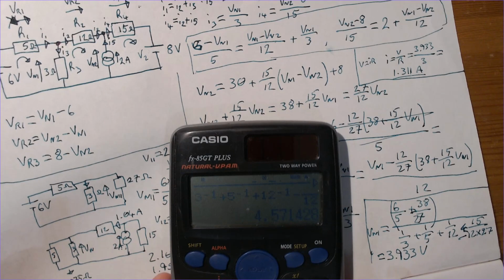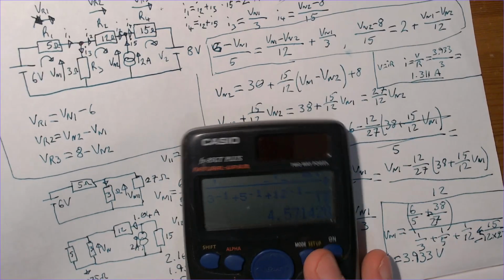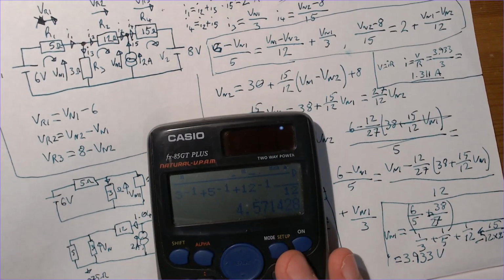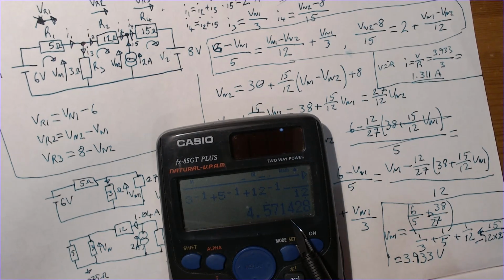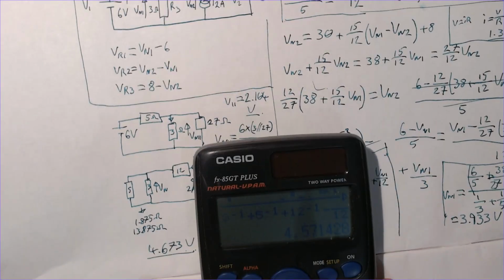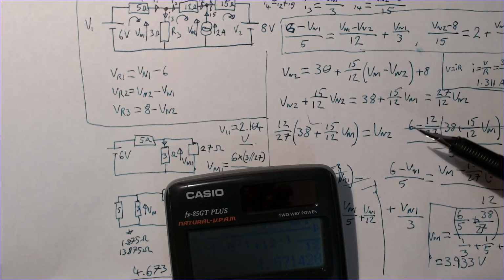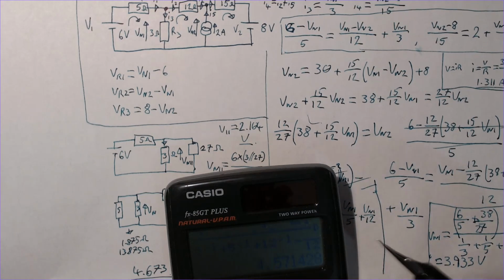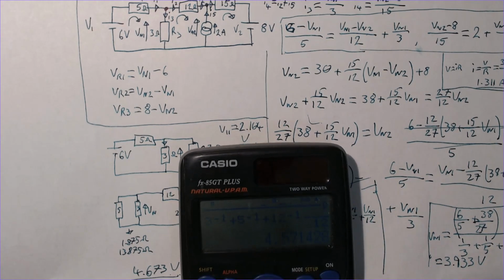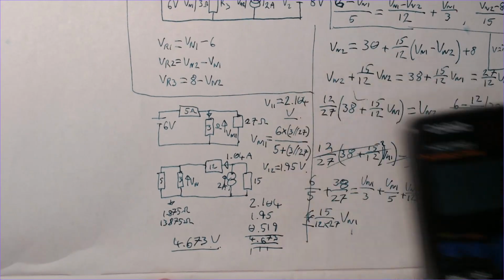This time we get 32 over 7, 3.571 there, and there's the answer we got before. It's closer. We didn't do any rounding here, but we did do rounding here, so that might be part of it, or we might have made another mistake. But anyway, that's the three methods.